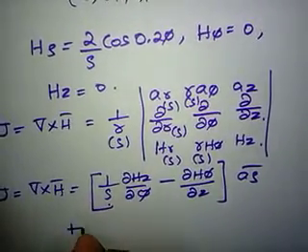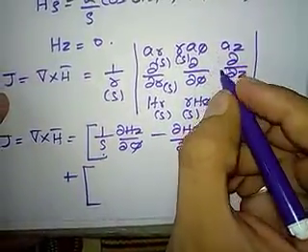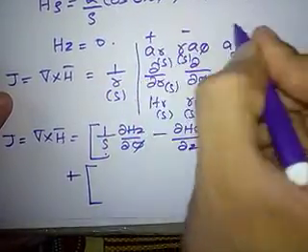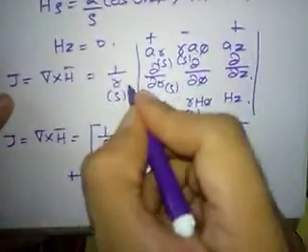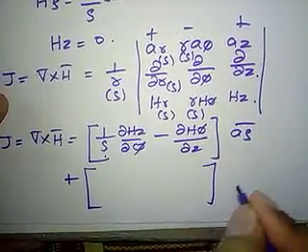Then plus, here this will be 1 upon R, minus plus 1 upon R into R, so 1 upon rho into rho, that rho and rho will get cancelled, so it will be simply this into a phi bar.